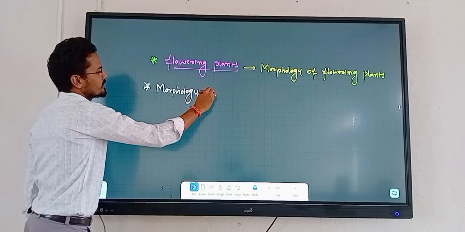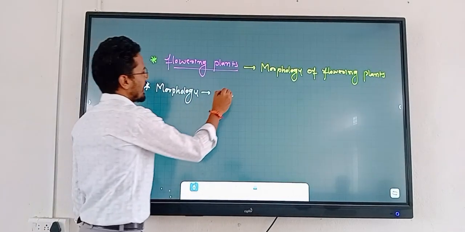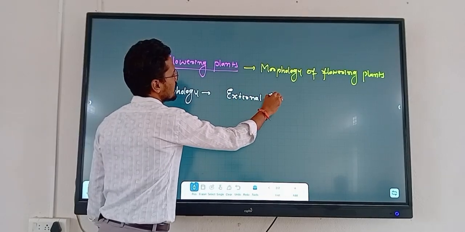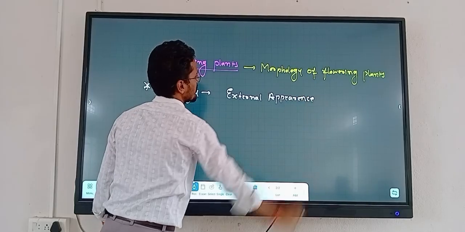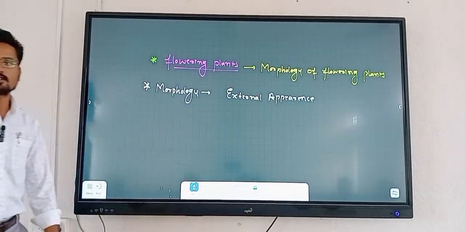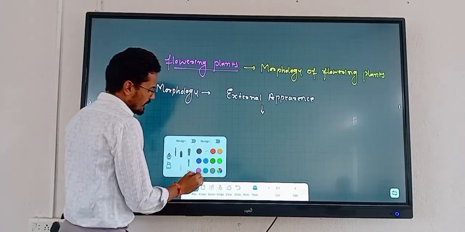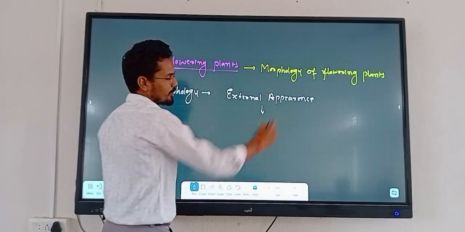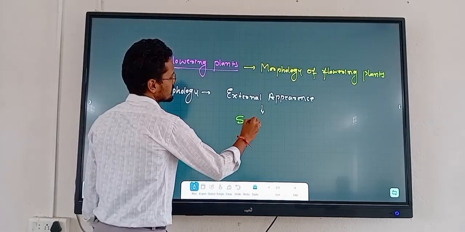Simply, morphology means external appearance. This external appearance we are going to deal with in a scientific manner.